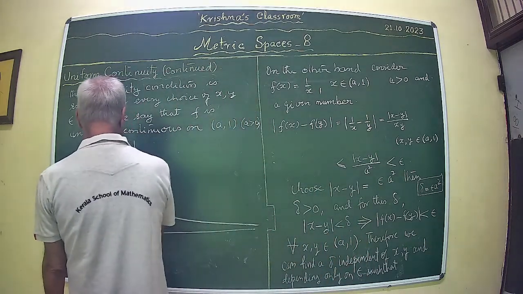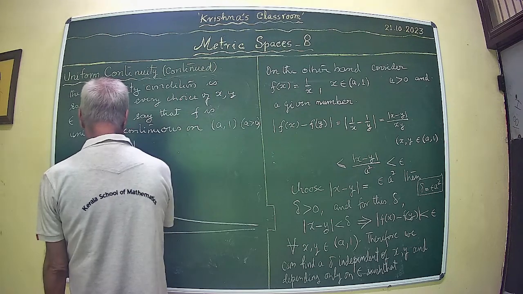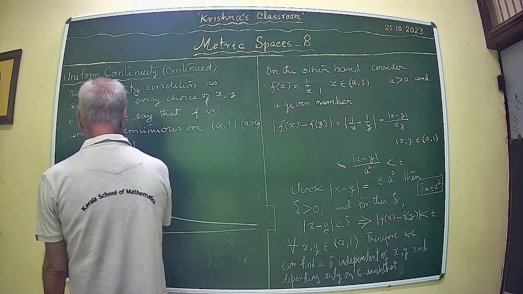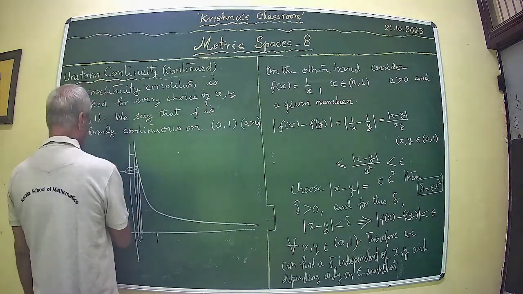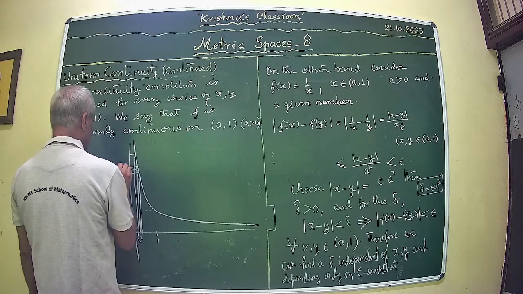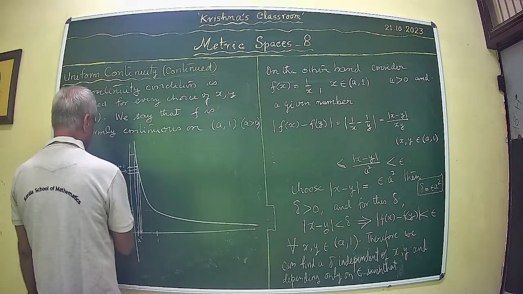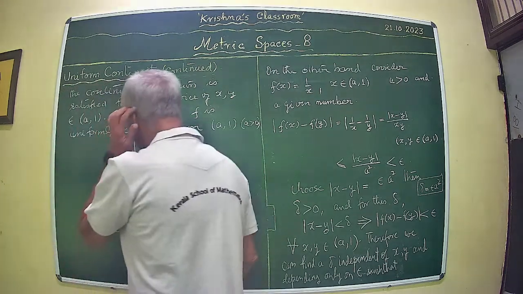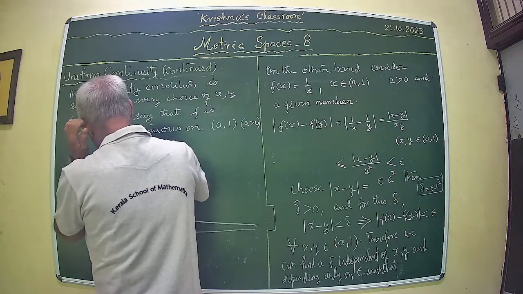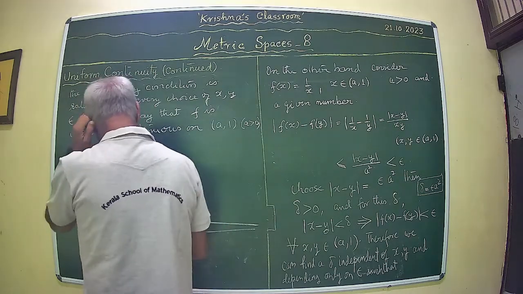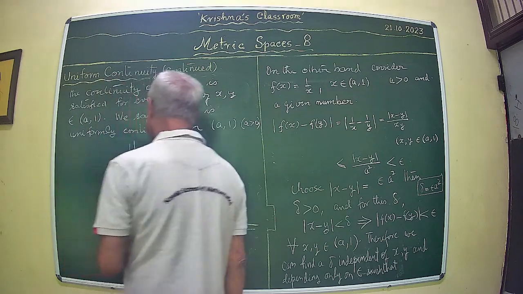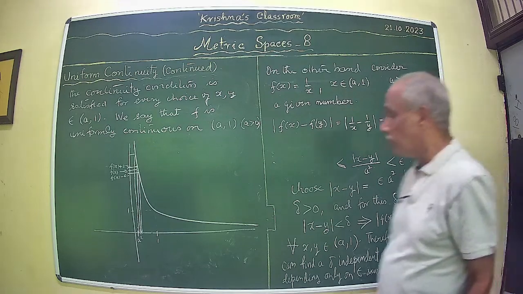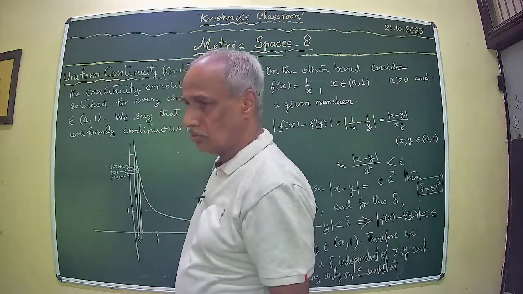But you can see what kind of limits. This is f(x), this is f(x) plus epsilon, and this is f(x) minus epsilon. These are the points that you have. Then there is always a choice of a corresponding delta, as long as you stay away from 0.